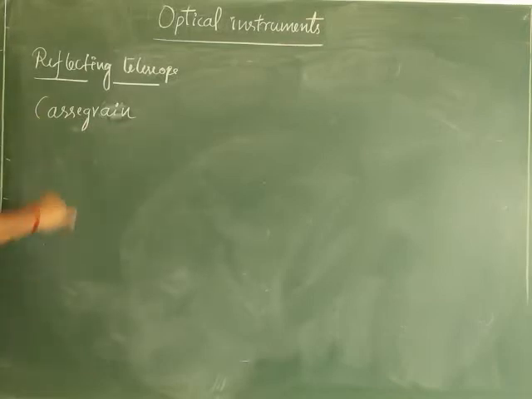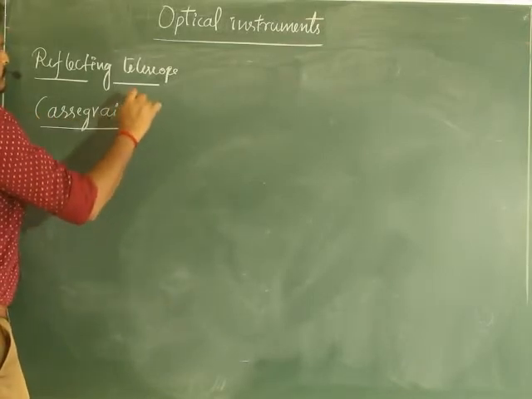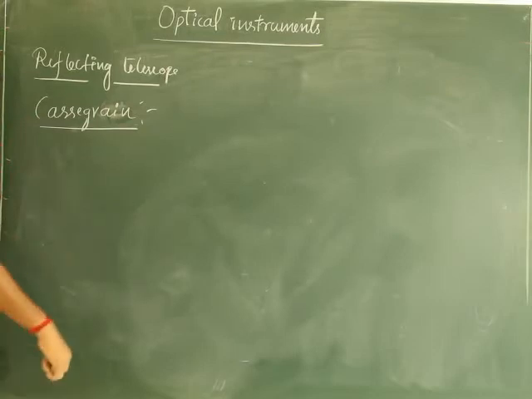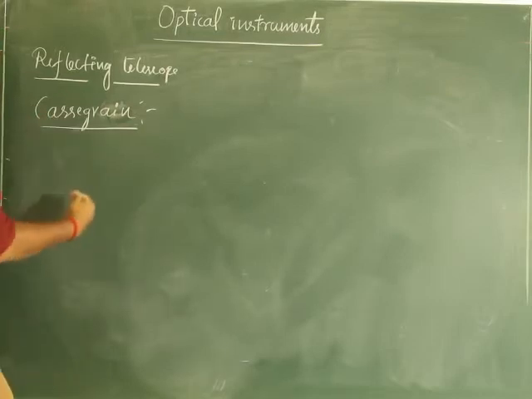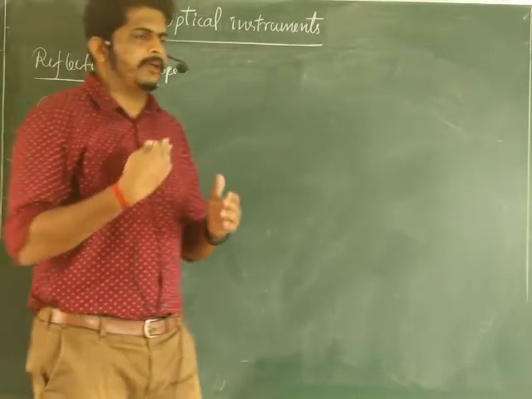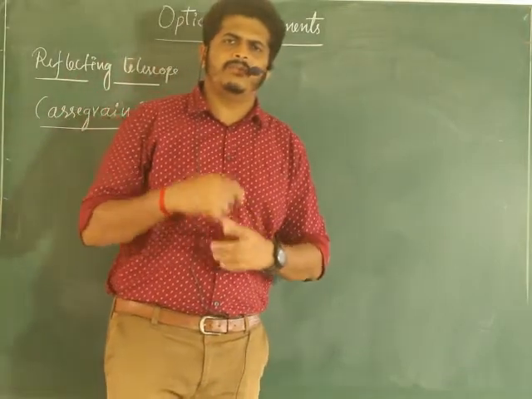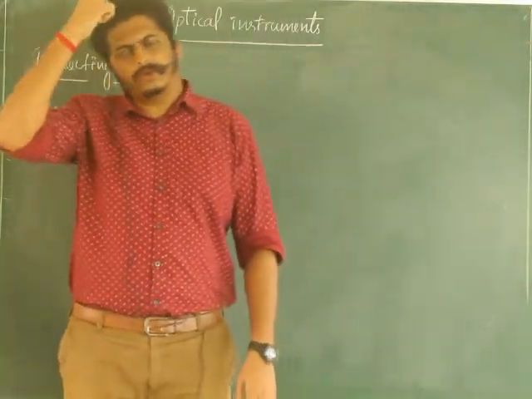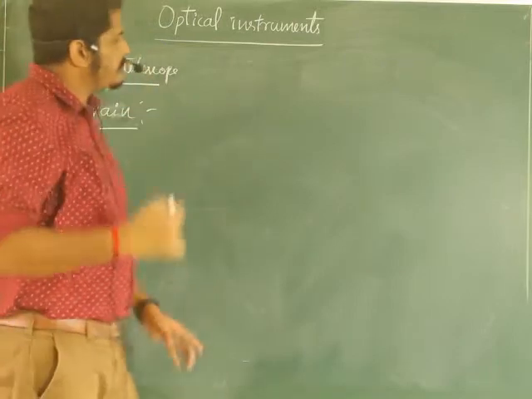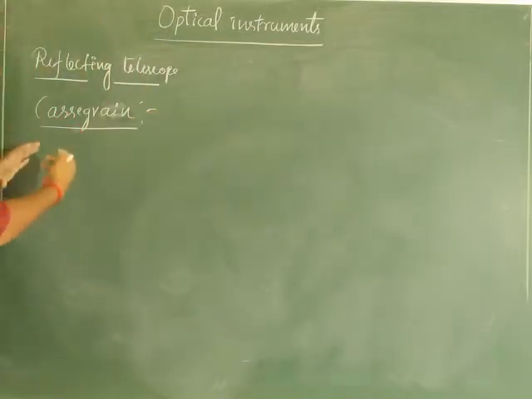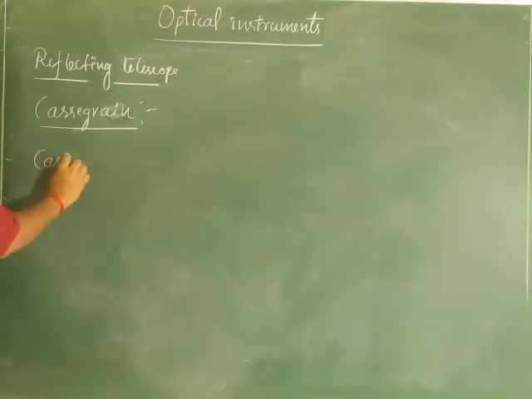The scientist's name is Cassegrain, so he actually designed that particular telescope which is a reflecting telescope. So what we call that particular reflecting telescope is the Cassegrainian telescope, okay?